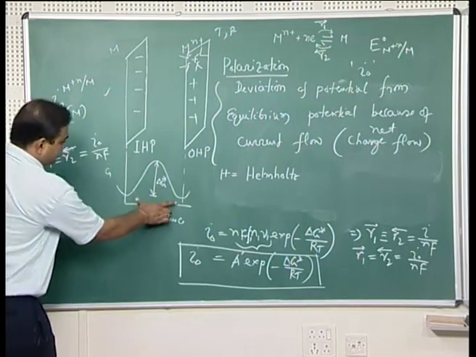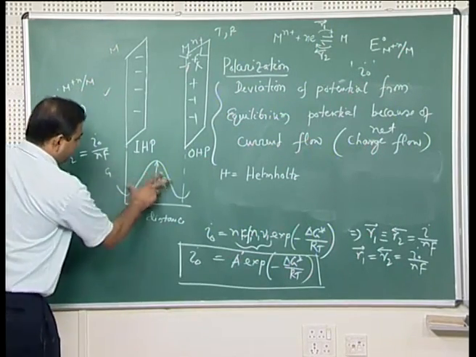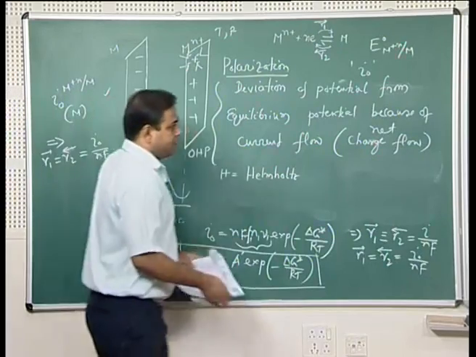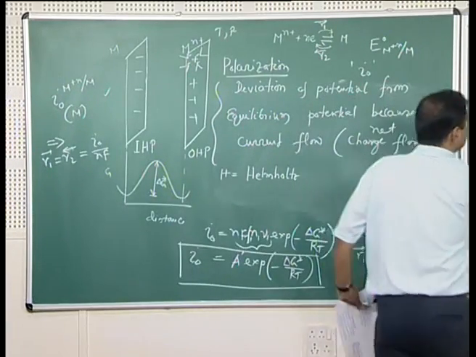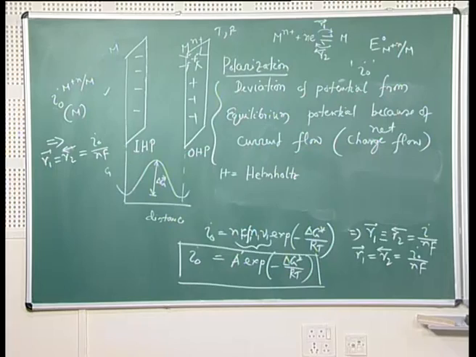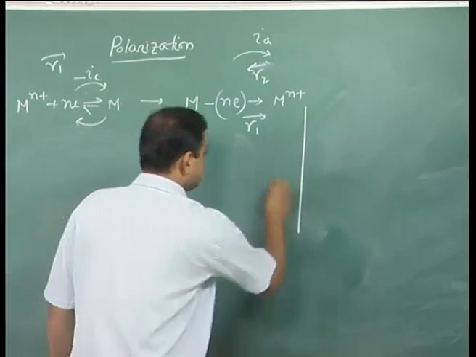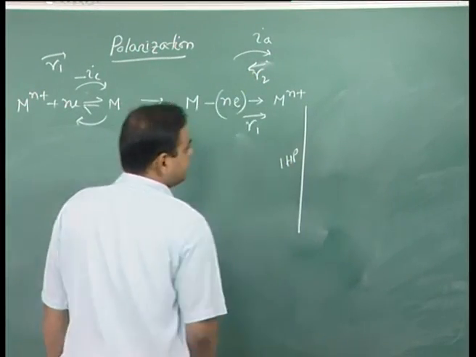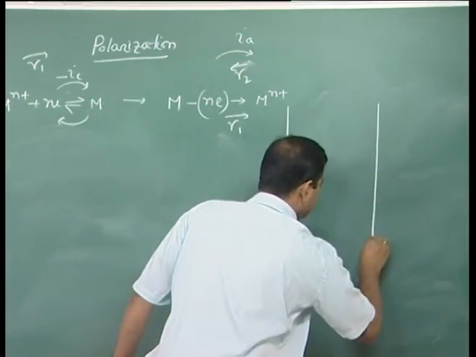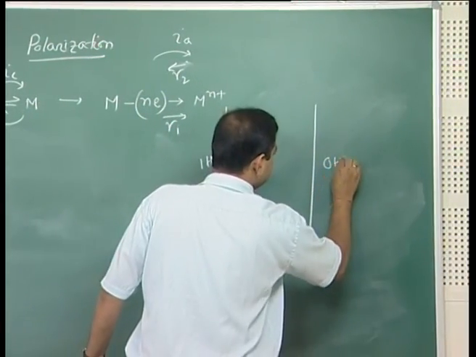Now, let us consider this plot again. Let me remove this part and draw it here. This is the IHP and this is the OHP.